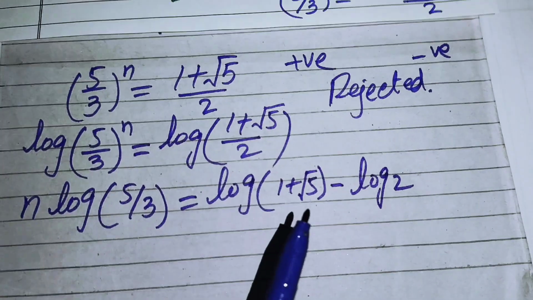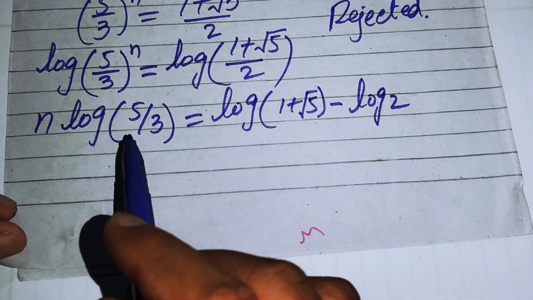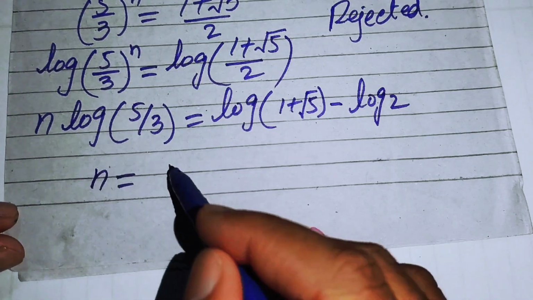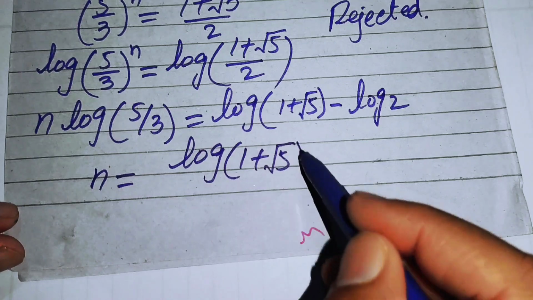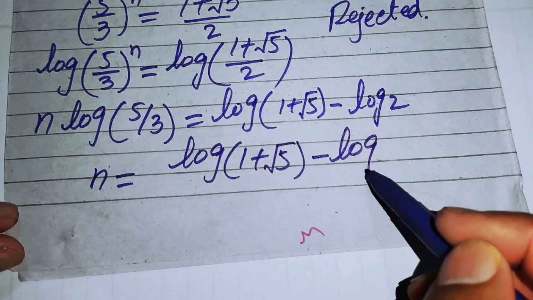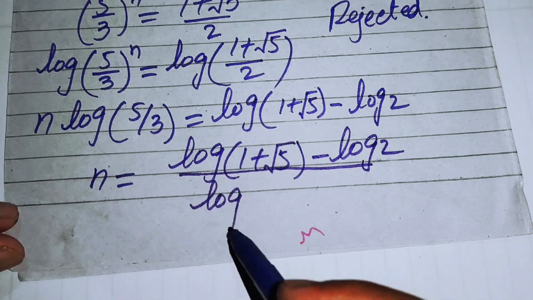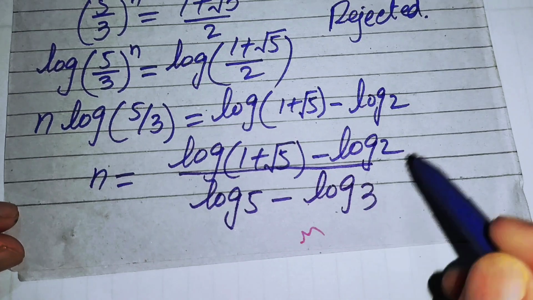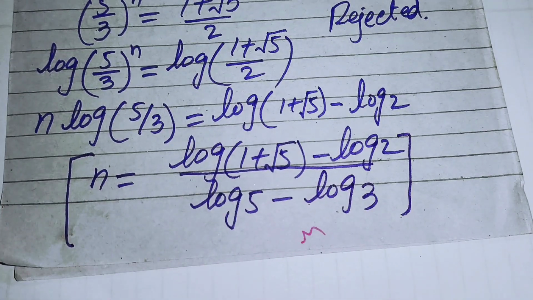Similarly, we move log of 5 over 3 to the right hand side, and you get n equals (log of (1 plus square root of 5) minus log of 2), all over (log of 5 minus log of 3). So this is our final answer of this problem.